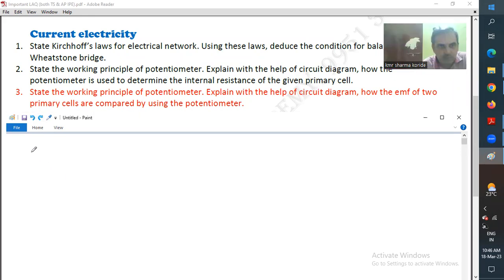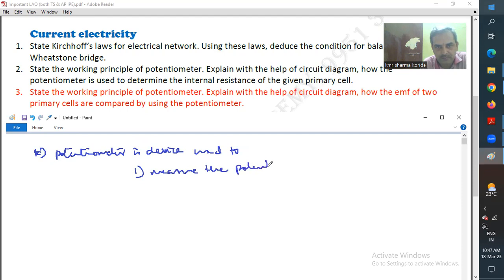Potentiometer is a device used to measure the potential difference between any 2 points within a circuit.